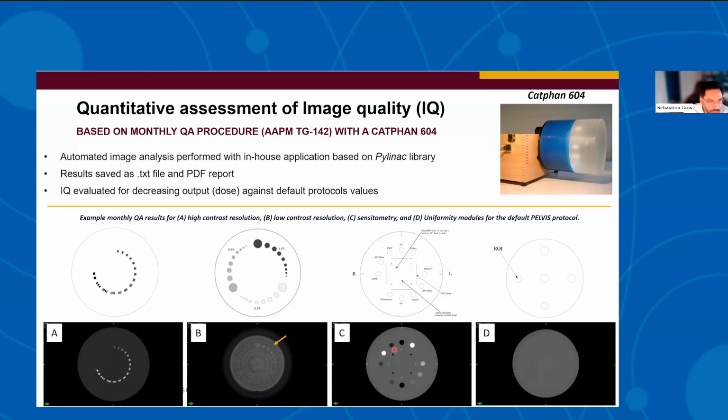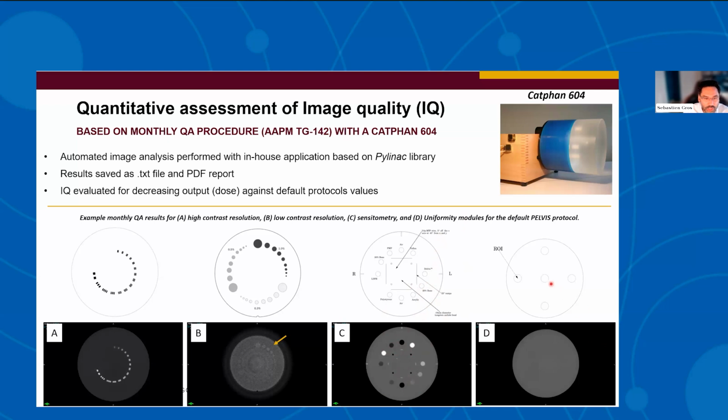We also have 23-degree ramps and 3 millimeter diameter holes spaced by 5 centimeters to look at the spatial integrity of the system.